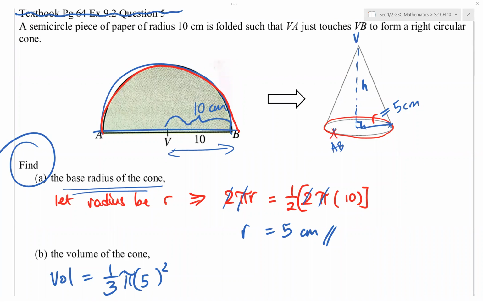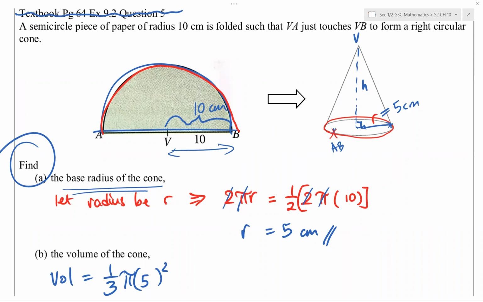Must find that 2D shape. What's that 2D shape? Right angle triangle. Do you see the right angle triangle? So right angle triangle, two things must come to mind. What are they? Pythagoras as well as trigo.